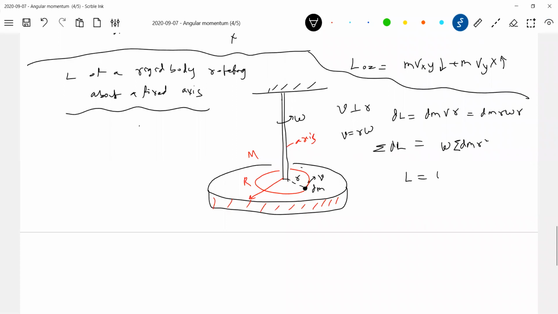So what you get is angular momentum, and what is the sum of dm r square? Moment of inertia. So what is the angular momentum of a rotating rigid body? It is I omega. Regarding the direction, I'll put it like this: there's a direction of omega. What about L bar? L bar will be like this. It all depends upon the situation; you can't say that for every problem.